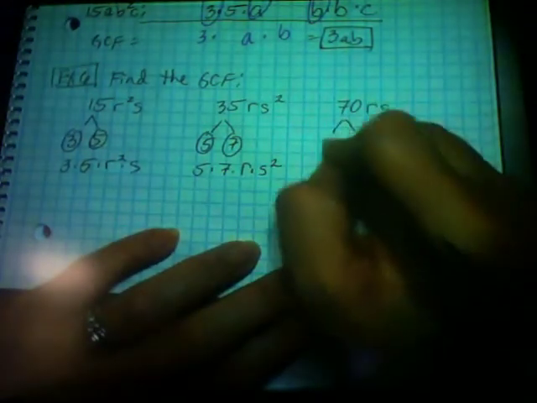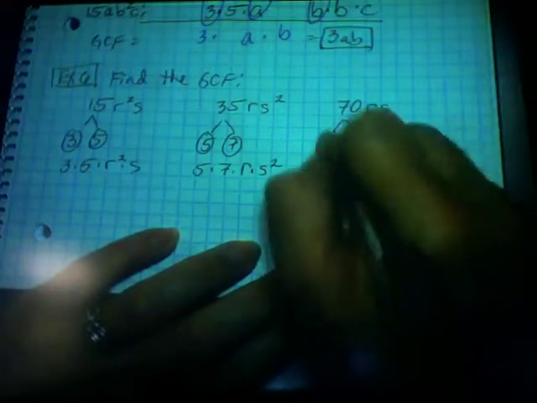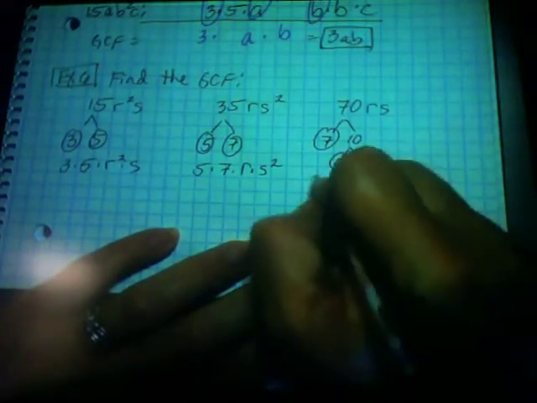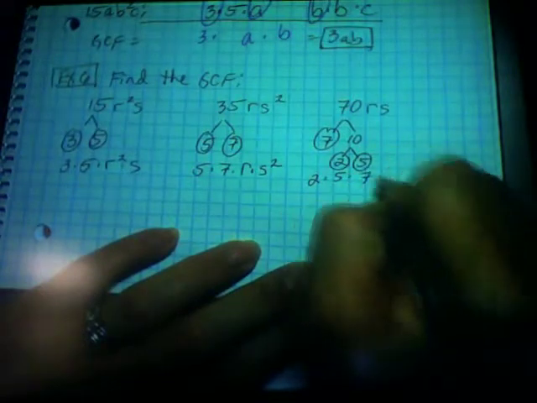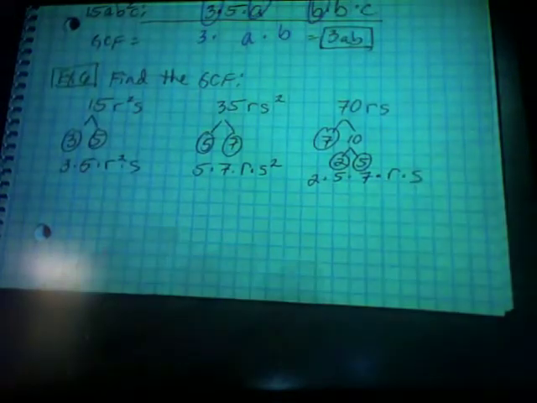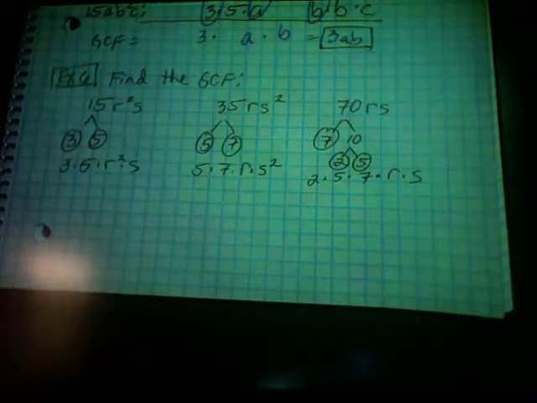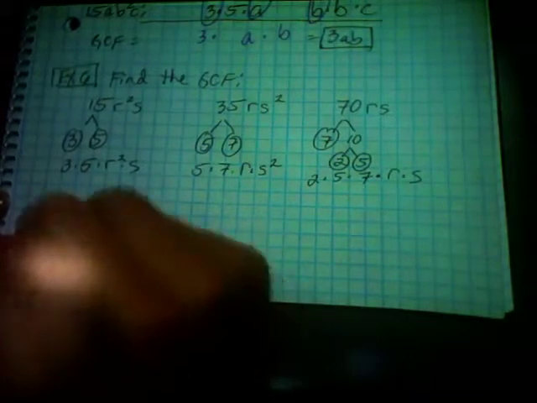And then 70 is your longest factoring. So we have 2 times 5 times 7 times r times s. So we only have factors of 2's, 5's, and 7's between the 3 numbers. So line them up.